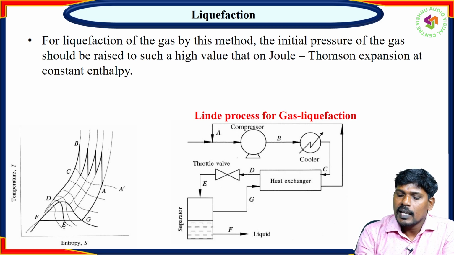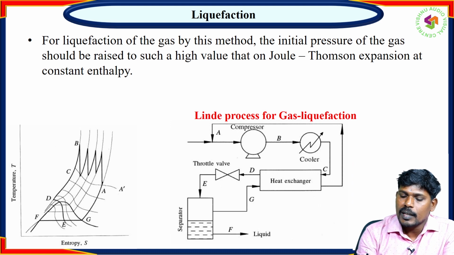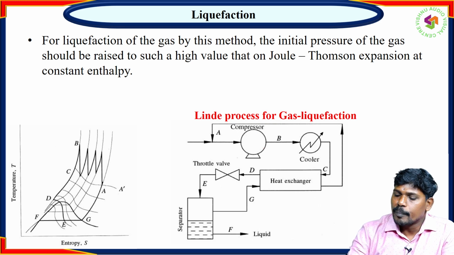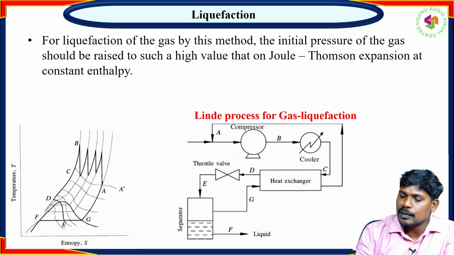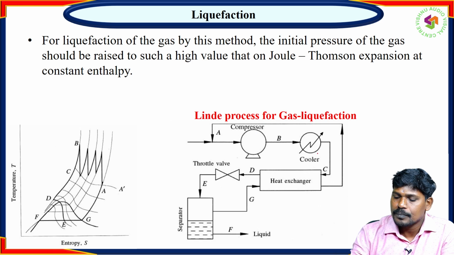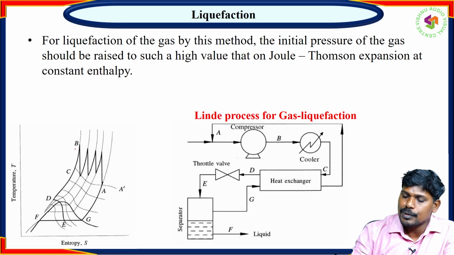In that, the gas is sent through the compressor, that is A to B, so the temperature is raised. Then B to C, the temperature is reduced using cooling.